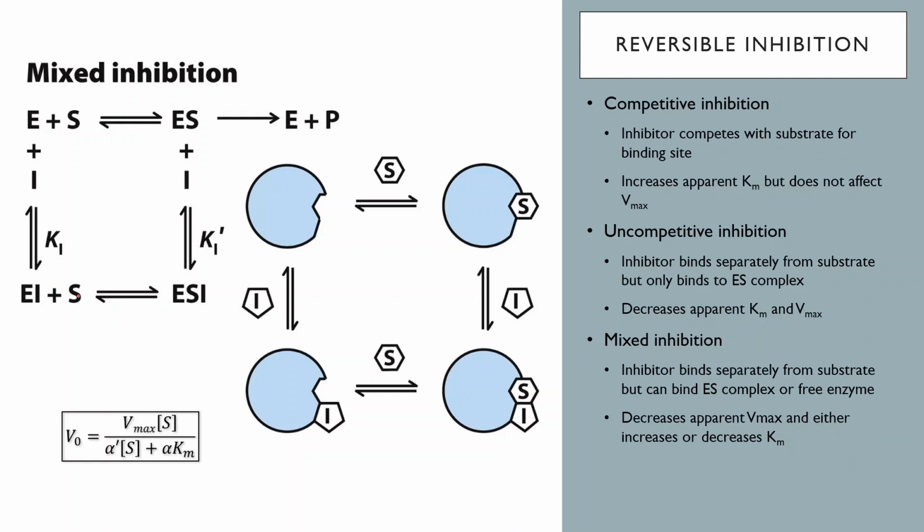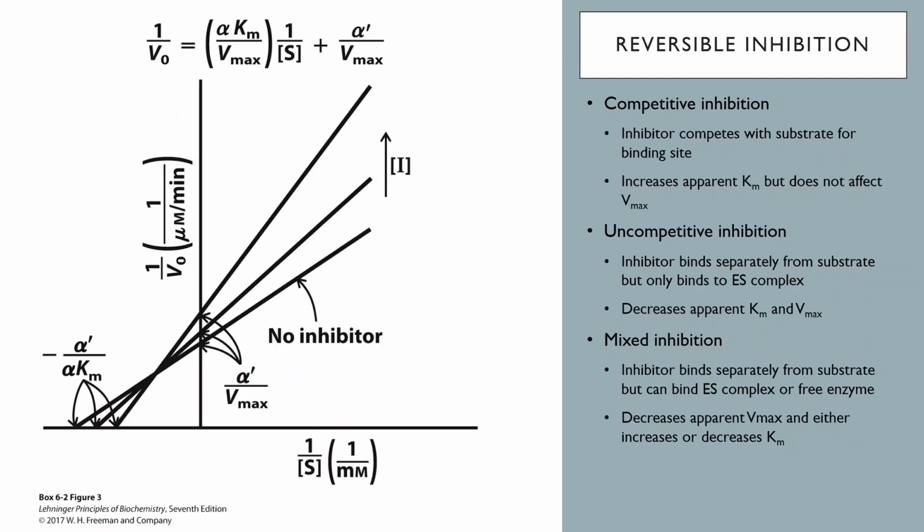So there's actually two equilibrium constants, one for the inhibitor binding to the free enzyme, one for the inhibitor binding to the enzyme substrate complex, which means there are effectively two alpha values, both an alpha and an alpha prime, and they mean the same thing as they did for the other two types of inhibitors. And in this case, whether or not it increases, it will decrease the Vmax, because if we look at the double reciprocal plot now, it looks like this.